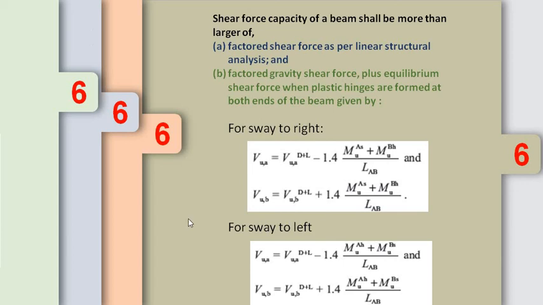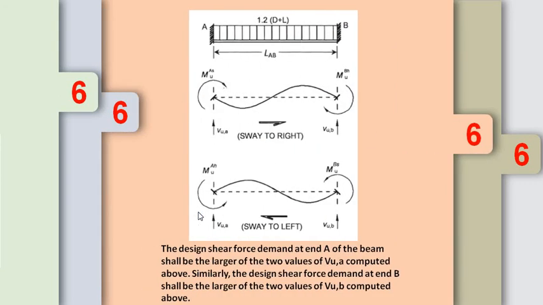And when we are talking about L_AB, it is the clear span of the beam. Vu,A and Vu,B due to D plus L are the factored shear forces at ends A and B respectively due to vertical loads acting on the span.